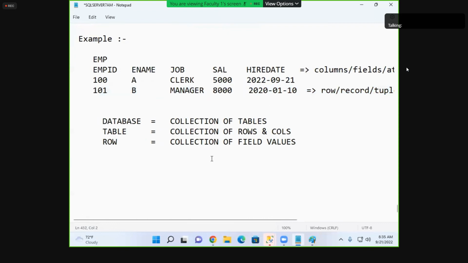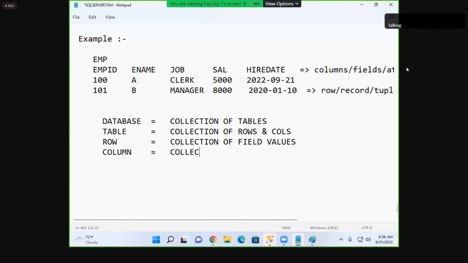What is a column? For example, the salary column contains salaries, all the employee salaries. So the sal column contains a collection of values assigned to one field. The hire date column contains a collection of all the employee hire dates. The name column contains all the employee names.